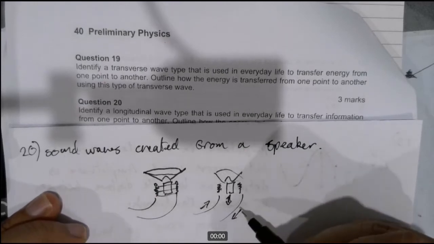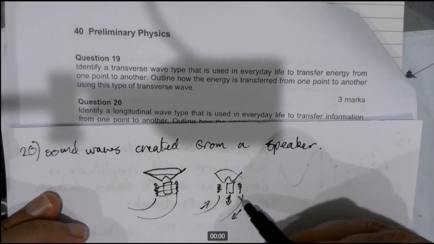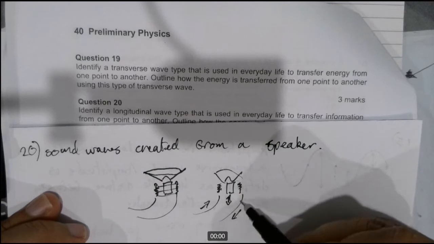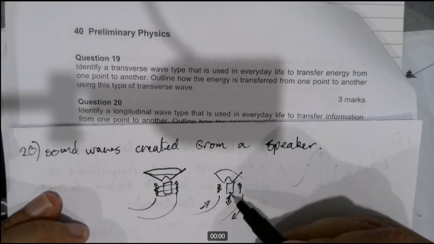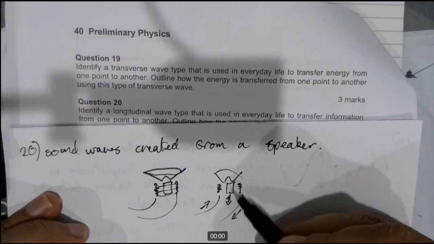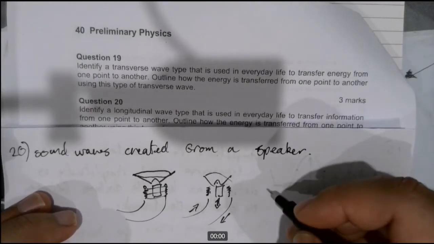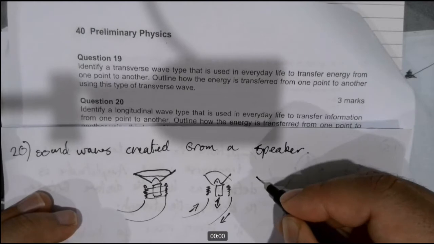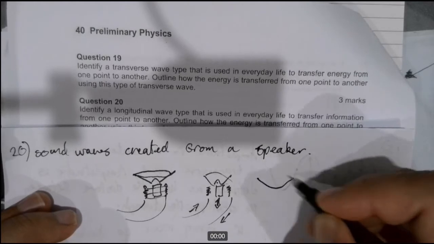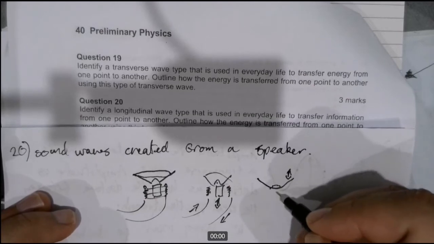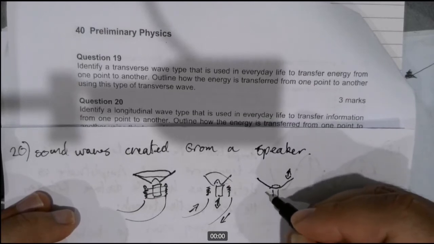So what the amplifier is doing is sending those electric signals in different directions very, very rapidly. And when that happens, this magnet moves up and down very, very rapidly as well. And because it's attached to that membrane, it's getting pushed up and getting pushed down constantly by that magnet.